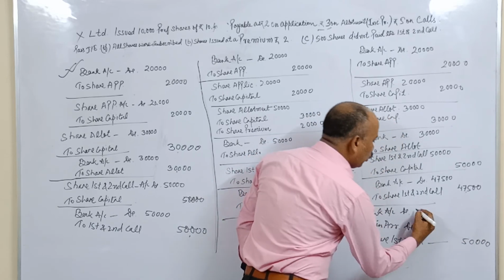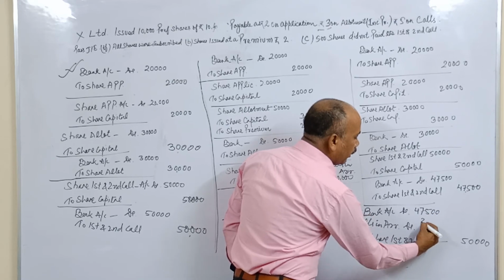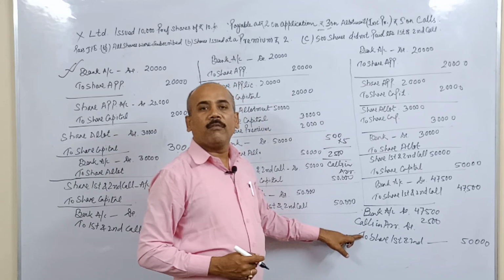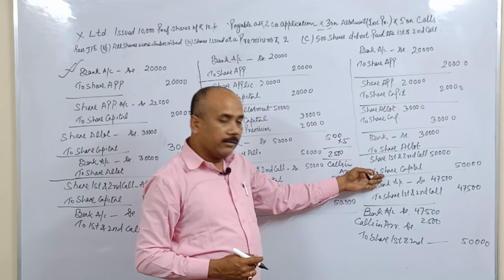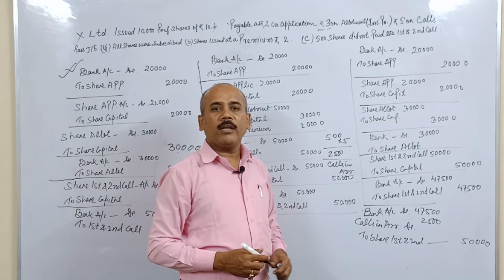The sum to be received was 50,000. We received 47,500, and calls in arrears will be the difference. We can make either this entry or the other, whichever you opt.